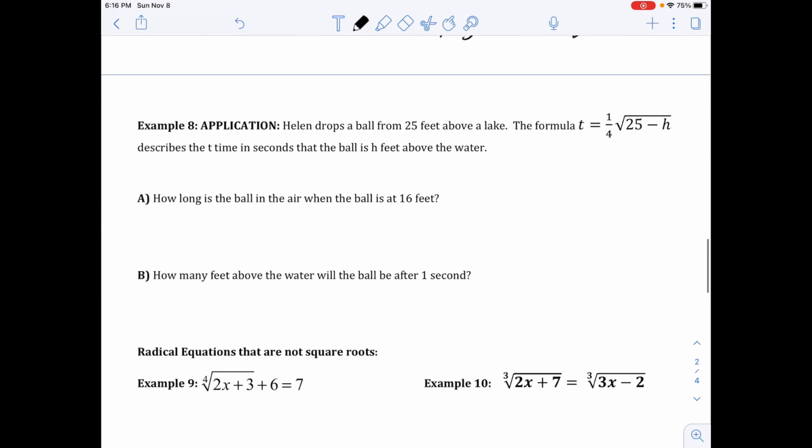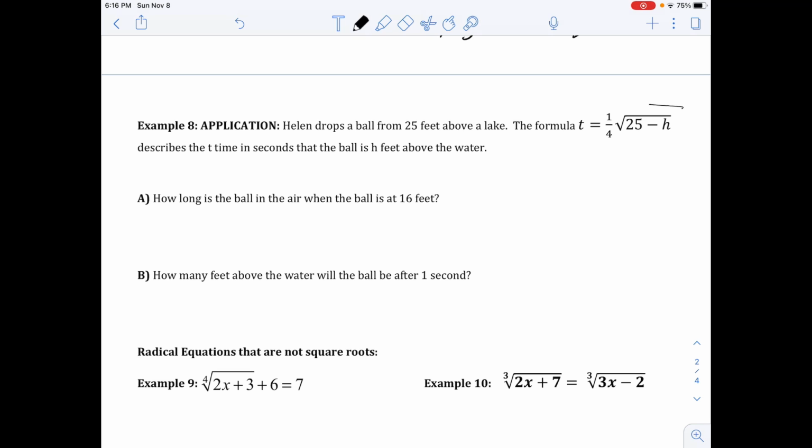All right, what about if we are asked to solve a word problem, and that word problem has a radical in it? So this application is one where we're given a formula for dropping a ball, and the h variable represents the height the ball is above the water, and the t represents the time it takes for the ball to drop into the water.